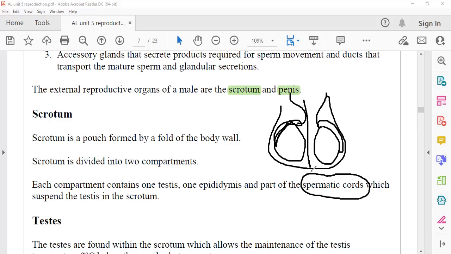The entire vas deferens will not be seen inside the scrotum. Inside every compartment of the scrotum, one testis will be there, one epididymis on the testis, and a vas deferens will start and go. The initial parts of the vas deferens can be noticed inside the scrotum.